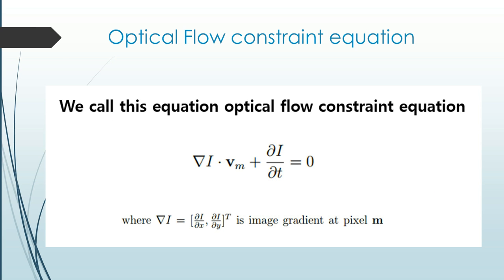So the actual equation for optical flow is this constraint equation, in which the image gradient times the velocity plus the partial derivative with respect to time equals 0. This equation contains a particular gradient, which is defined by a particular pixel. This is how we can define this particular velocity.